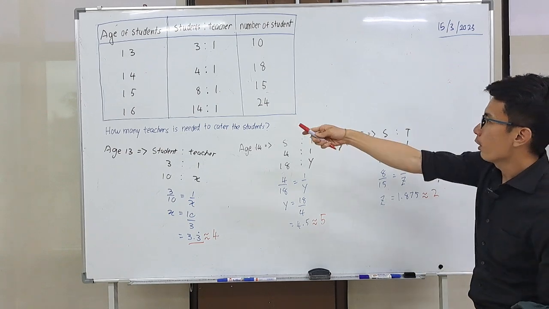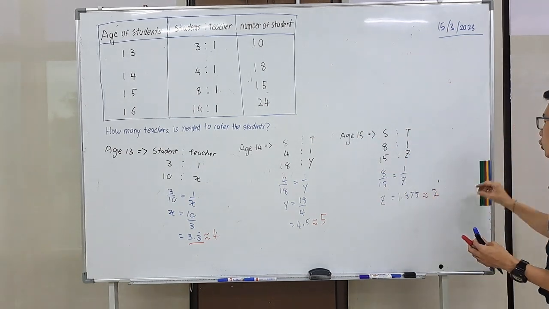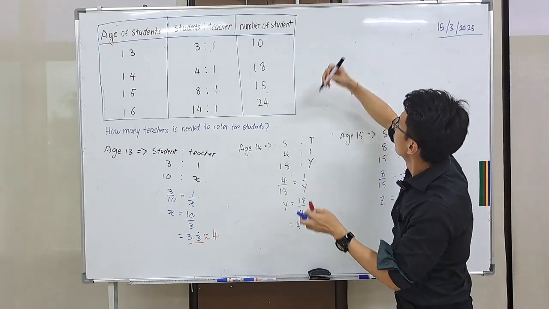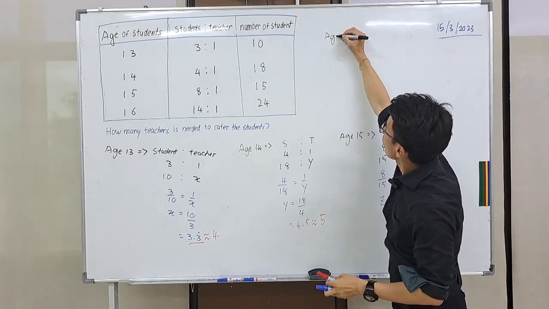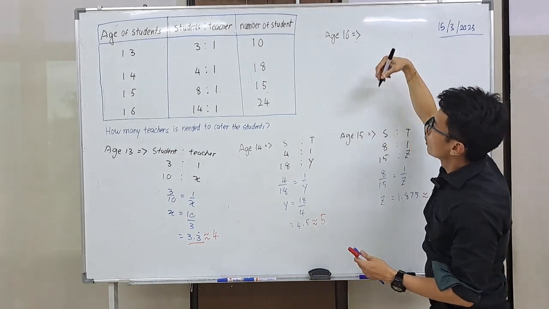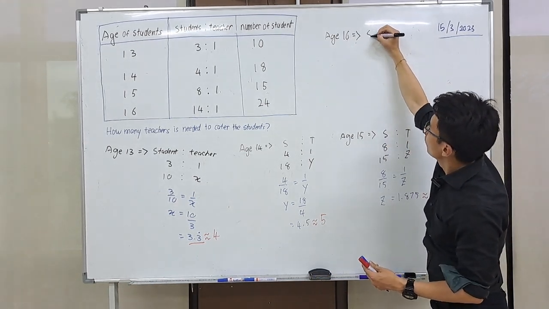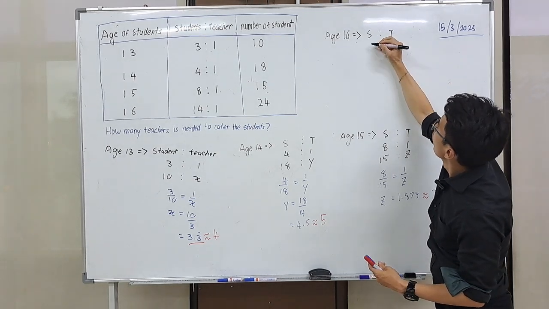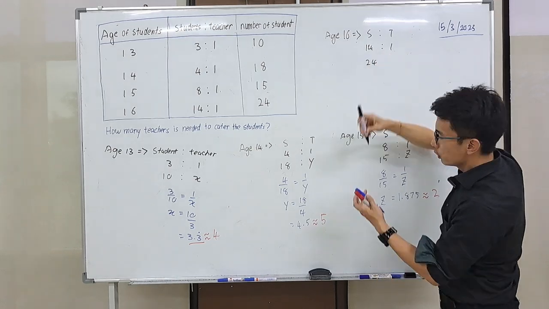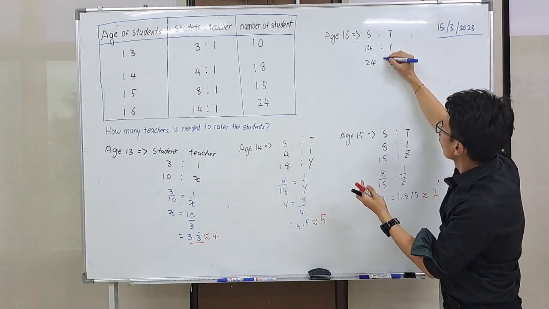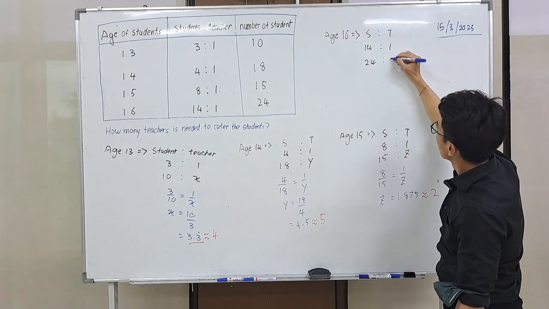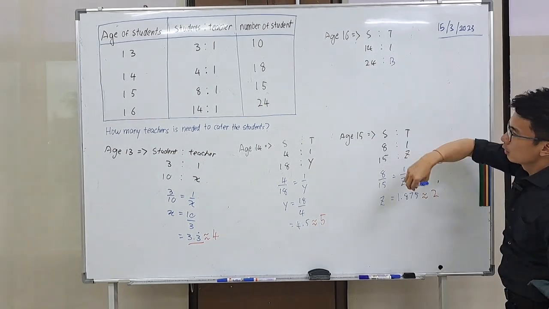And finally, my last age group, which is age 16, I'm going to write on top here. My student to teacher ratio is 14 to 1. I have 24 students, and I have my unknown, let's call this b.